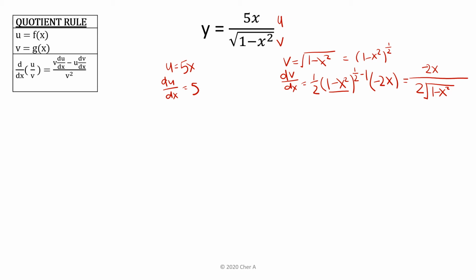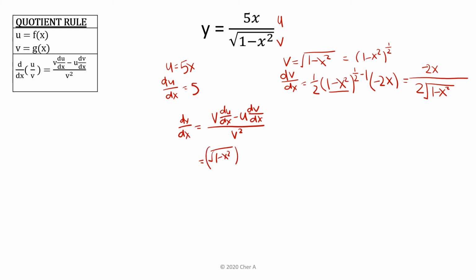Okay, so putting together my quotient rule, dy over dx equals v du over dx minus u dv over dx, all over v squared. So my v is the square root of 1 minus x squared.